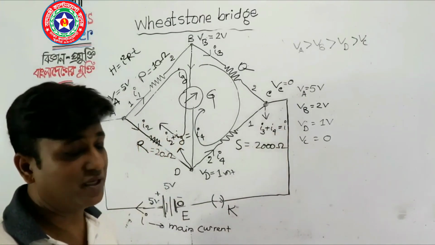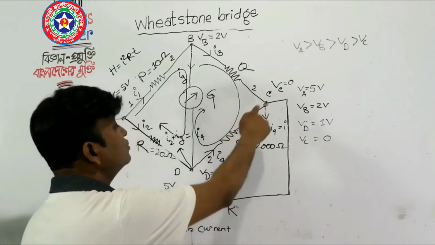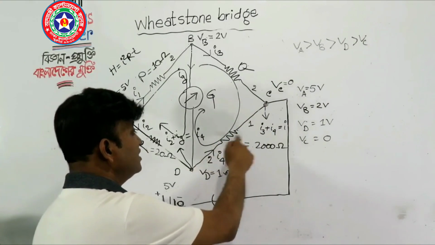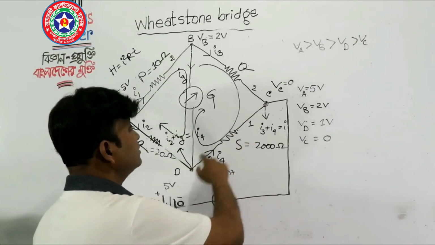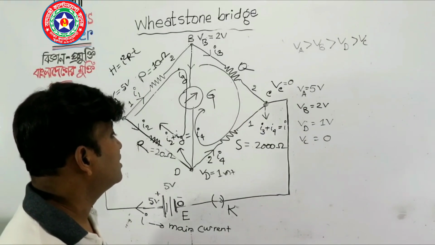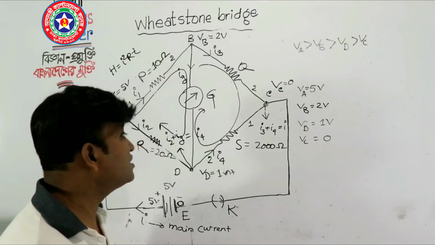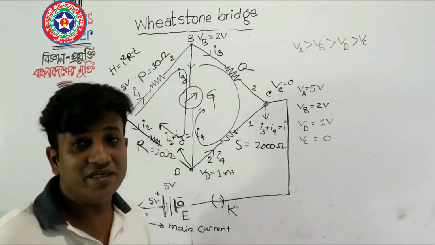Then what will happen? Then current will not be able to flow through this resistance along DC. As a result, the sensitivity of this bridge will be decreased.